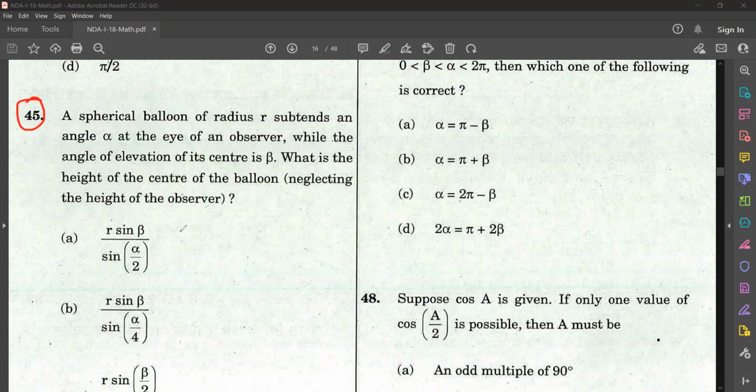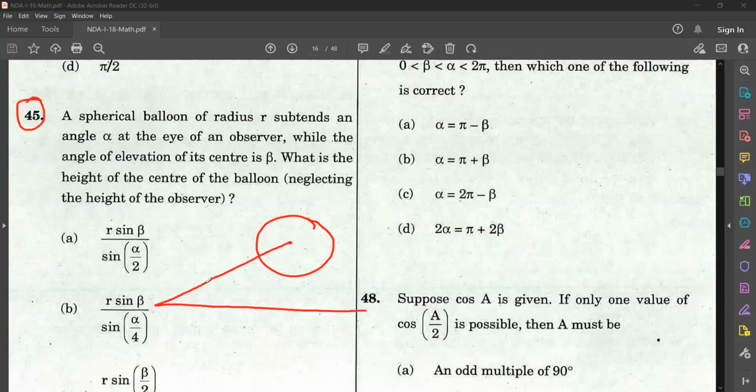Spherical balloon of radius r. It subtends an angle alpha at the eye of the observer. Subtending means like this.